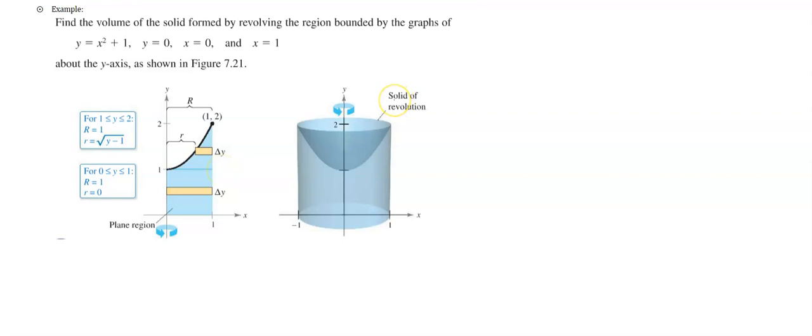So y is equal to x squared plus 1. Another way to say that is y minus 1 equals x squared, or x equals plus or minus the square root of y minus 1. Now if you look at the actual graph though, we're only interested in the positive half of that because everything is to the right of x equals 0.